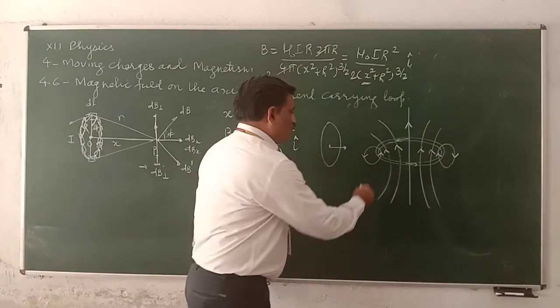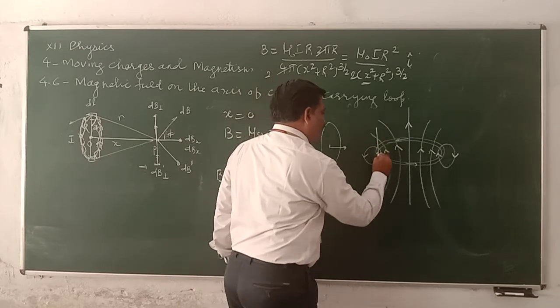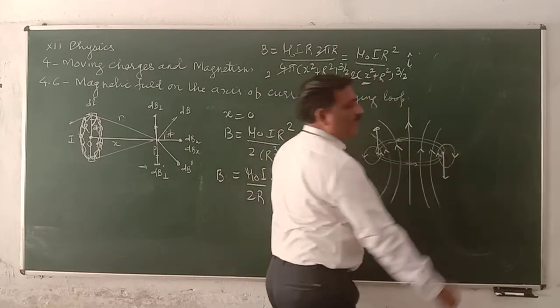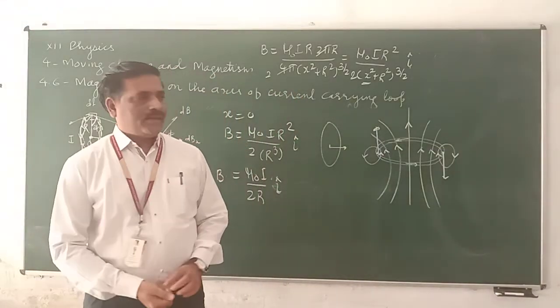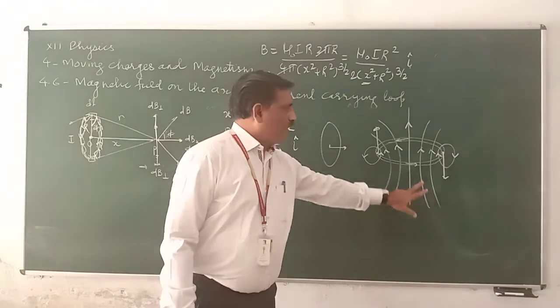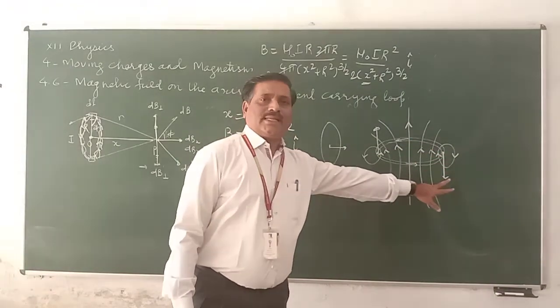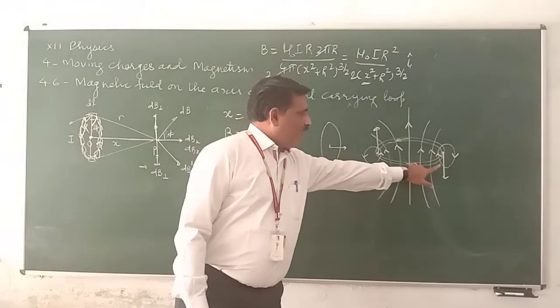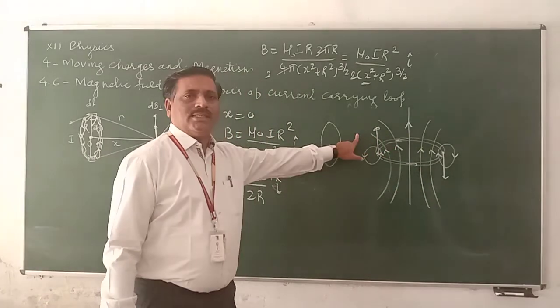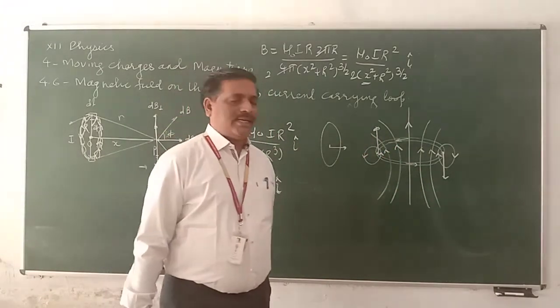So at this point the magnetic field is upward, at this point the magnetic field is downward. Here its direction slowly goes on changing, it goes down. When it is coming this side, its direction is slowly changing, it becomes like this.